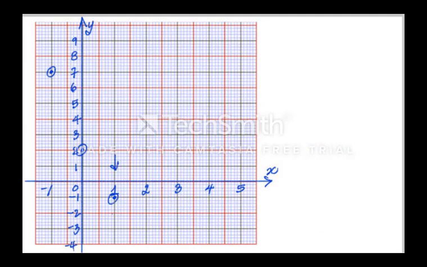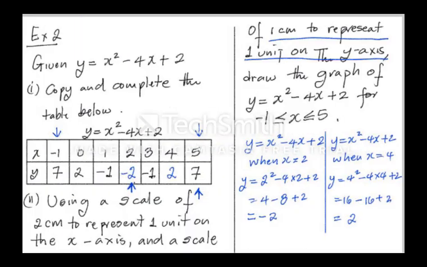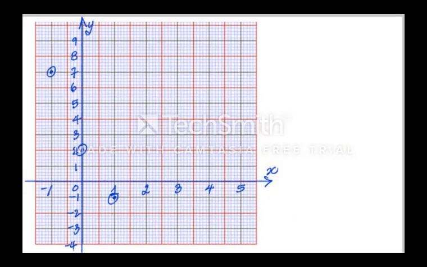So it's 1 minus 1, that puts me there. The next point is 2 minus 2. So it's 2 vertical minus 2 horizontal. That puts me here. 2 vertical minus 2 horizontal. That puts me there.